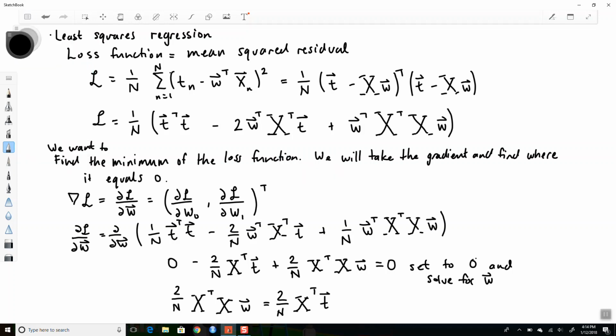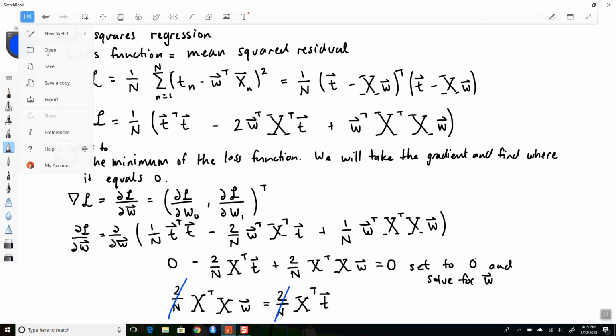So far, so good? Okay, we'll eliminate the 2 over n's on each side.